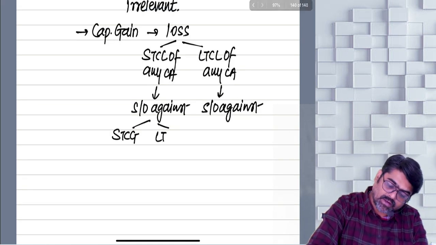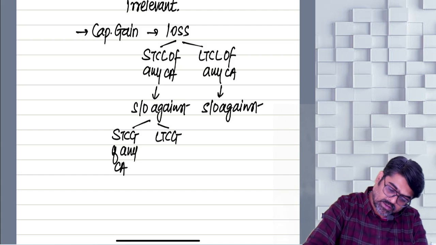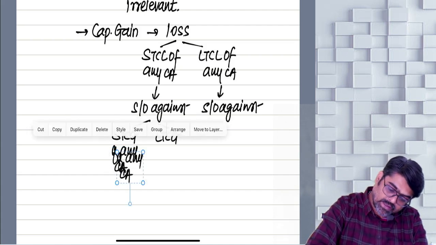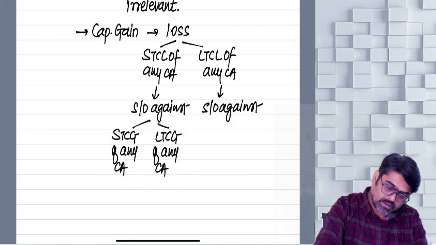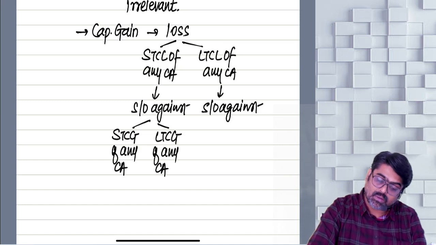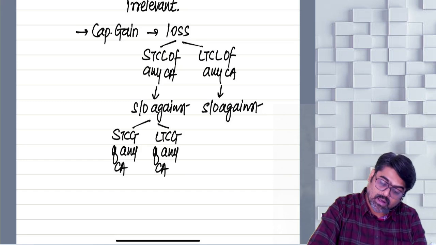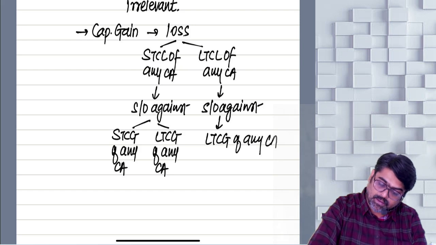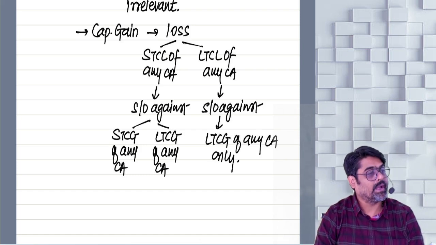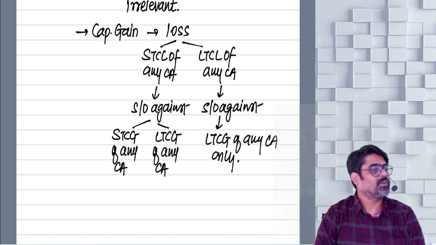And it can be set off against long term capital gain of any capital asset. Yes or no? But long term capital loss of any capital asset can be set off against long term capital gain of any capital asset only. Only against long term gain. Now there is no requirement to match.